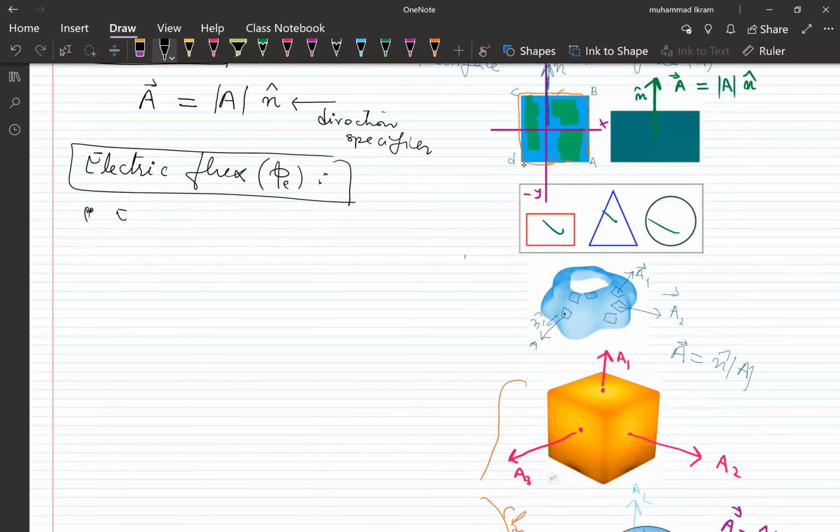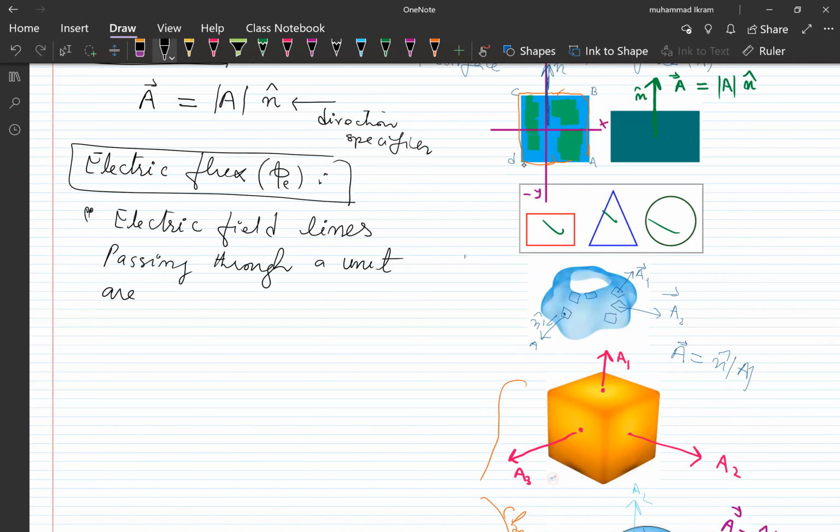Electric flux can be defined as the number of electric field lines passing through a unit area of an object, a unit area held perpendicular to the direction of the electric field lines.